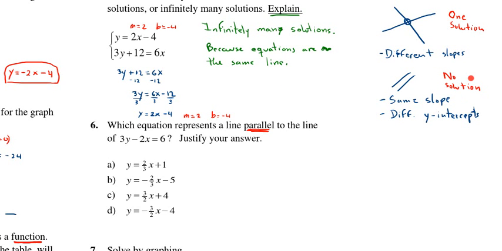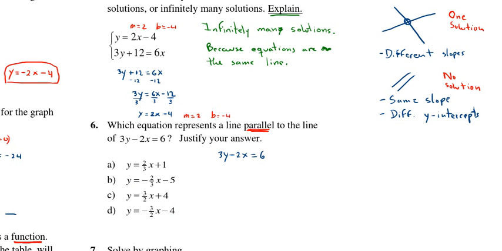That's the case when we have no solution. So that is what we're looking for here. Which one of these four is parallel to this one? So I need to take this equation, 3y minus 2x is equal to 6, and solve for y so that I can compare the slopes and the y-intercepts with the other ones that I have here.